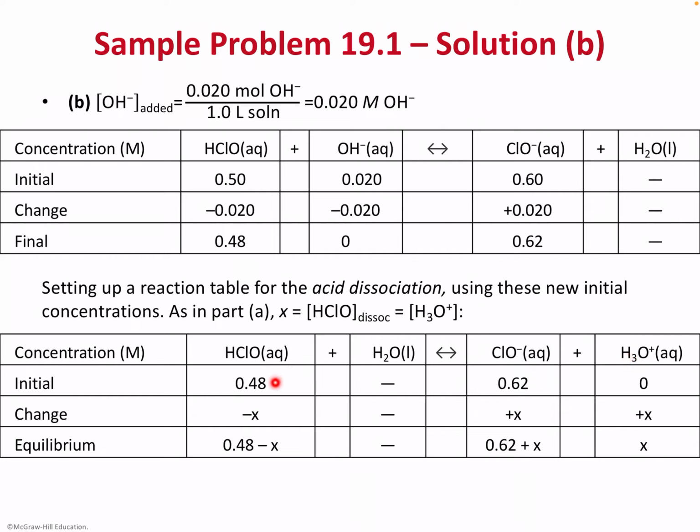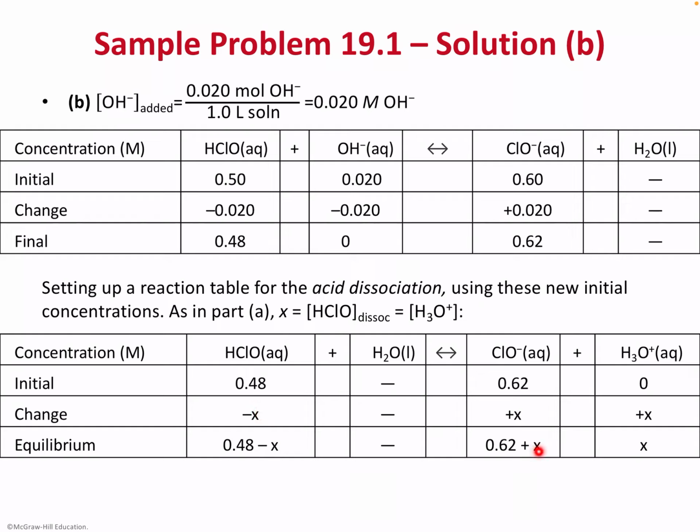Our initial amount is what we have after reacting with hydroxide ions, which is 0.48, and the hypochlorite ion initial amount is now 0.62. Hydronium ion is 0. Now we use the change as negative x, plus x, plus x. Equilibrium would be 0.48 minus x, 0.62 plus x.